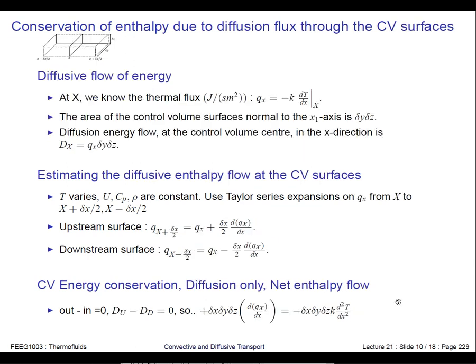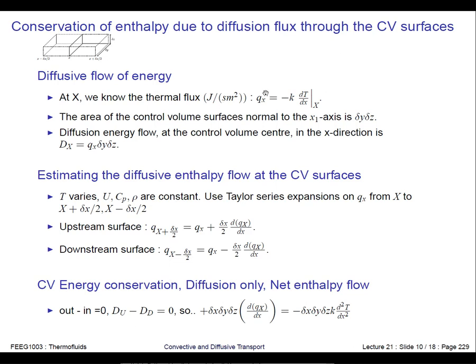Okay, so now let's try and do the same sort of thing with diffusion. So at the moment, what we're assuming is that there's no convection. So we've got diffusion through, if you like, a non-moving fluid. And if we're at the central point, we know everything, so we can work out the flux at the center.